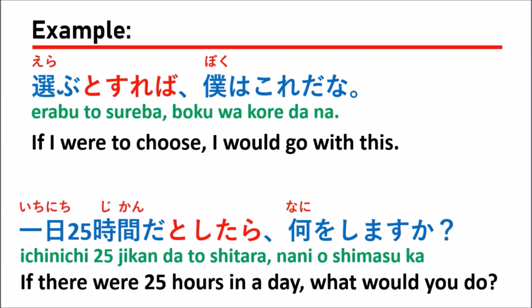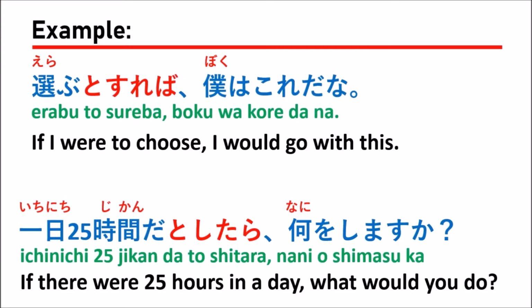And for the second sentence, they say 1日25時間だとしたら. 25時間 means 25 hours, and it is a noun. So after the noun, you should follow by da, and after that followed by toshitara.